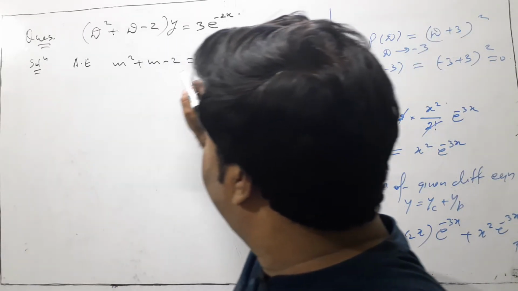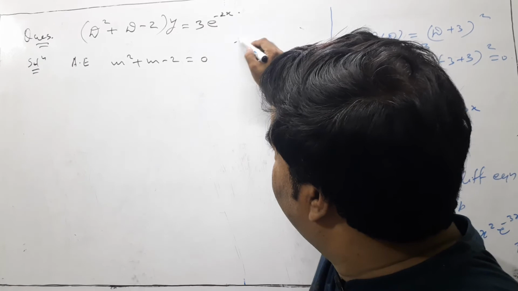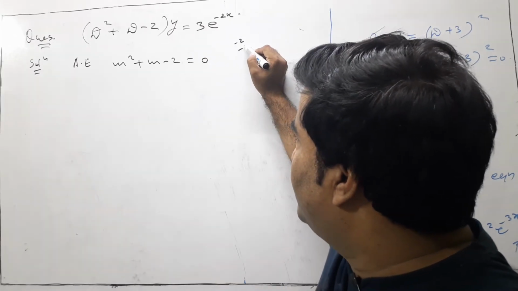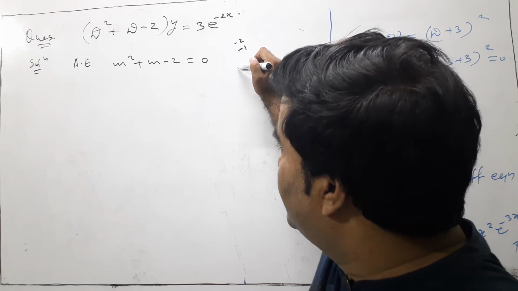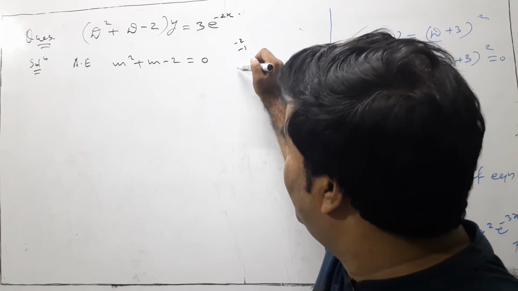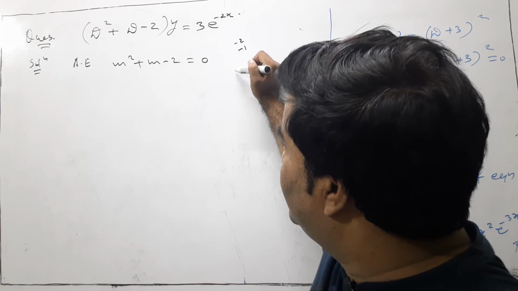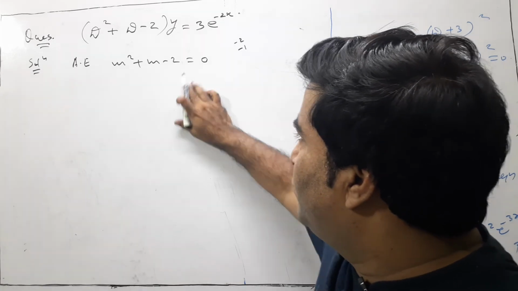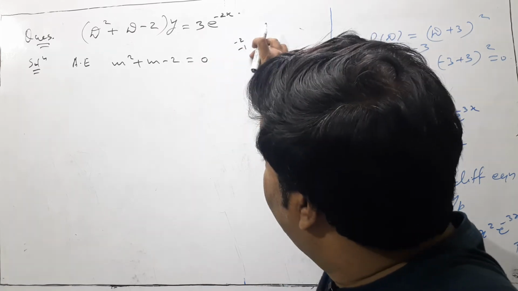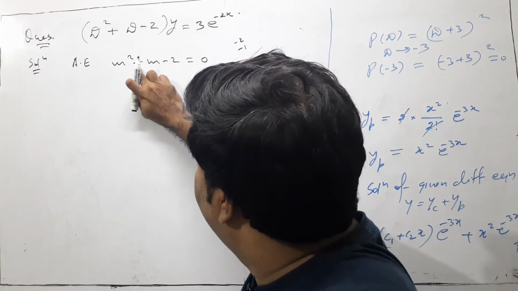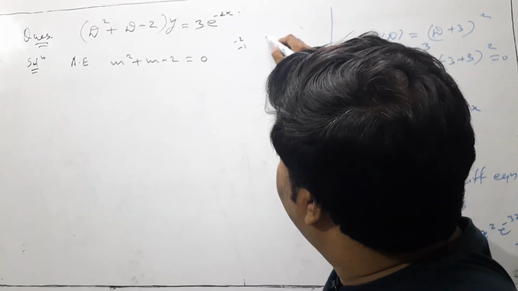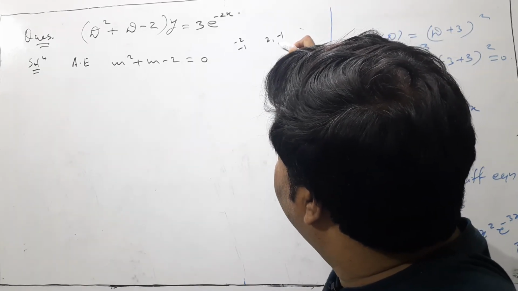So here actually the product is minus 2 and the sum is minus 1. Clear? So we can take 2 into minus 1.